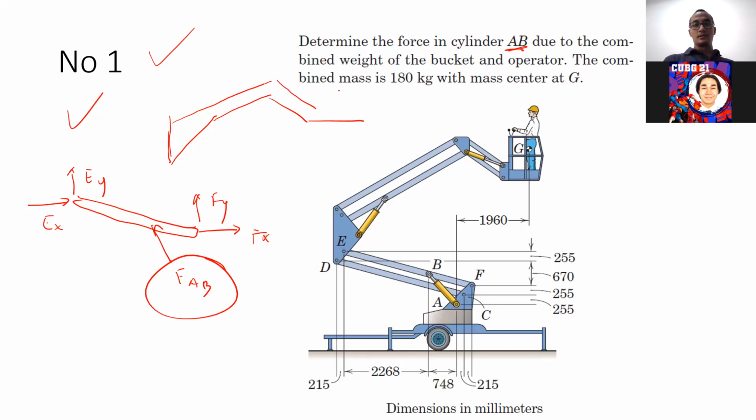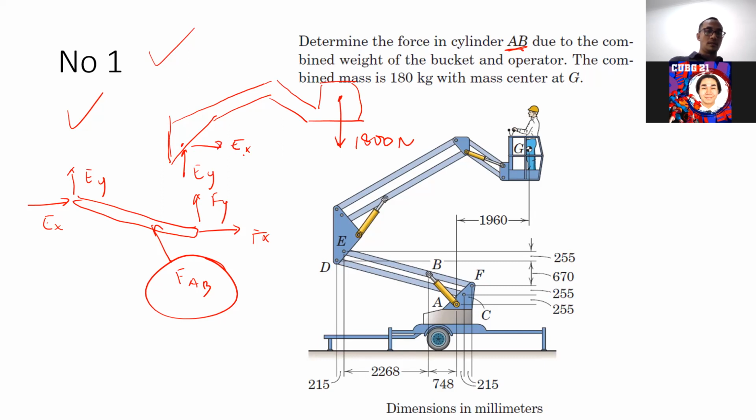Okay, I think maybe I will miss it, but roughly it's like this. We have 1800 Newton here, and then at point E we have EY and EX.